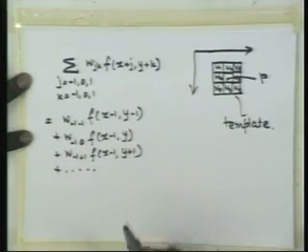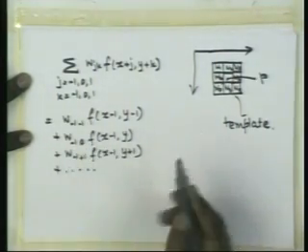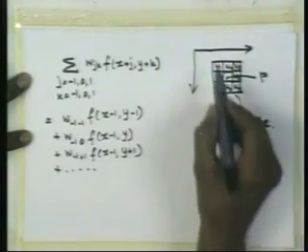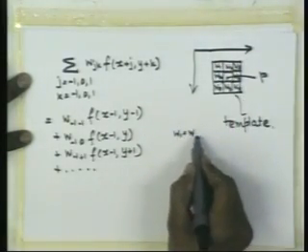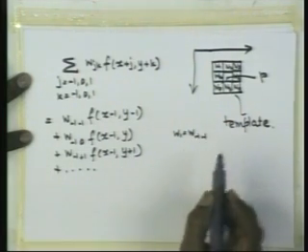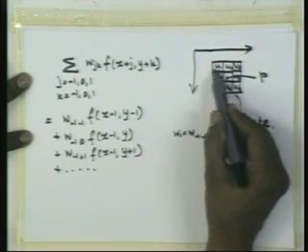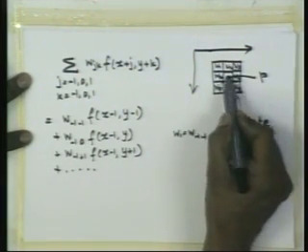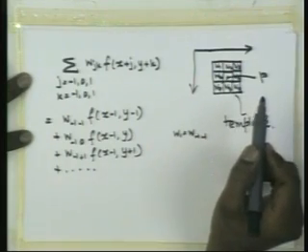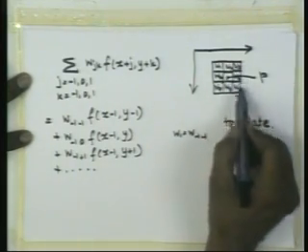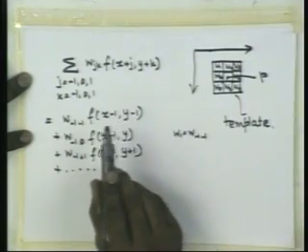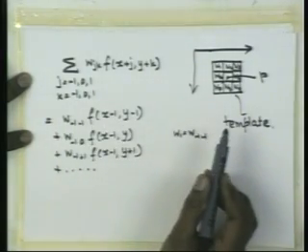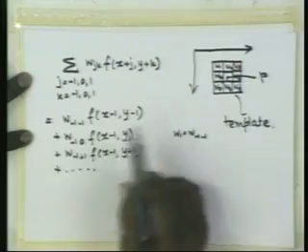So I will have 9 terms like this, where w1, for example, is w(-1, -1), because it corresponds to x minus 1 in relation to the pixel that we are looking at. So the idea is that you look at this particular mask or template and you take it on each of the pixels of the image, starting from, let us say, upper left to the bottom right.